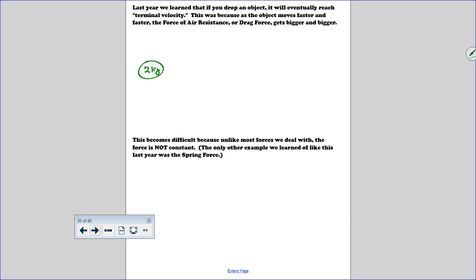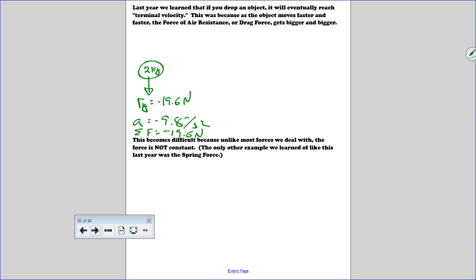When I first release it, it's at rest, so the only force on it is gravity: negative 19.6 newtons. If there's no air resistance, my acceleration is negative 9.8 meters per second squared, because my net force is just negative 19.6 newtons.